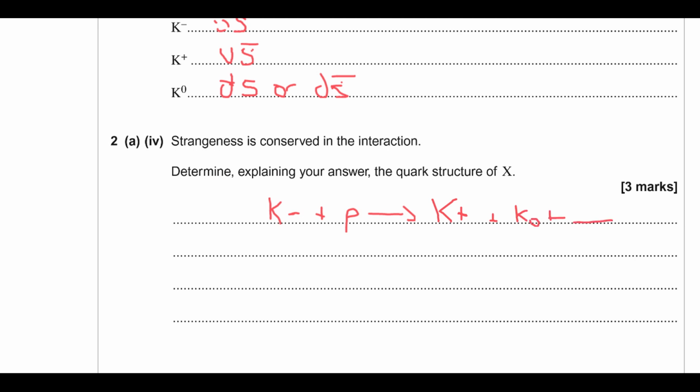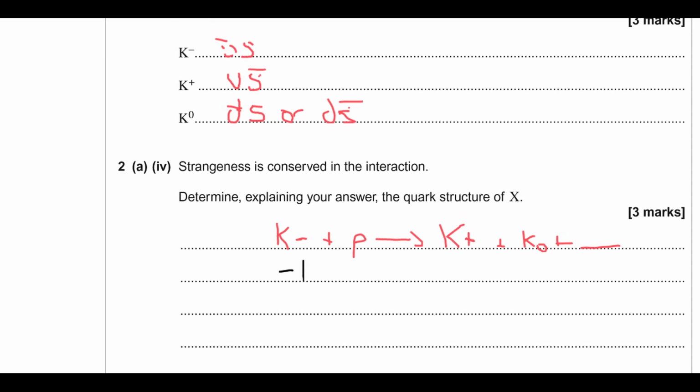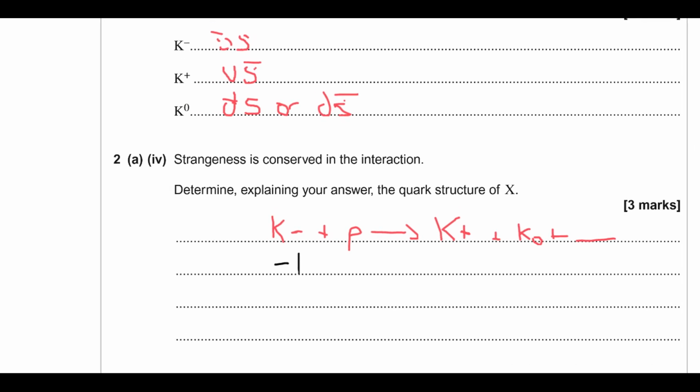Okay, so let's do this in terms of strangeness. A K minus has a strangeness of -1 because it's got a strange quark. A proton has a strangeness of 0. K plus has a strangeness of +1 because it's got an anti-strange. A K0 could be either +1 or -1, depending on which of the two it is.